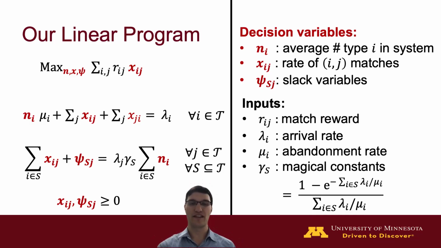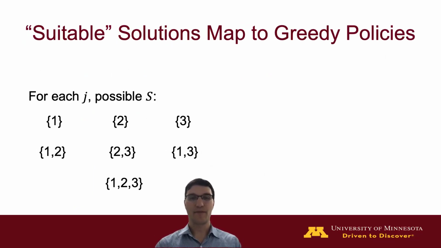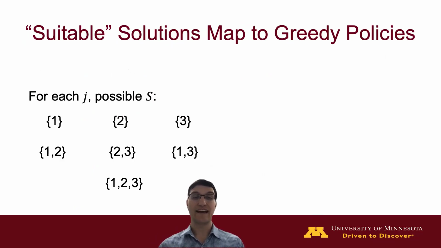Once we have a solution, the next thing I want to tell you about is how we actually use that solution to identify a policy. I've got a solution to this linear program, and in particular we had a lot of constraints in it. For each type J and each possible subset S, we had a constraint with the gamma S times the sum of the ni's.